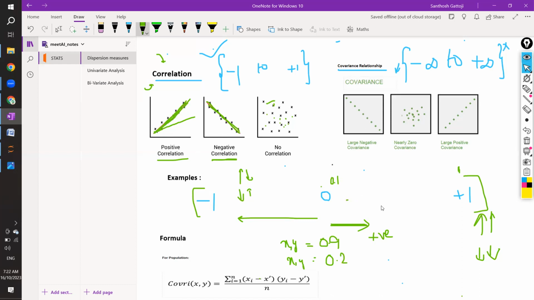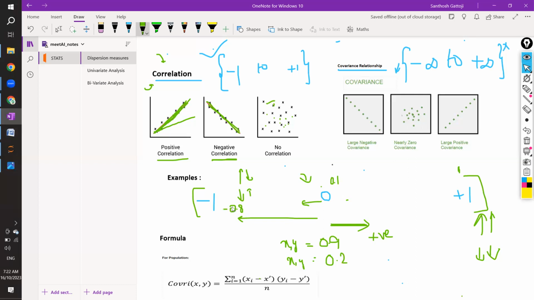Now in the negative direction, if the value is very close to -1, say -0.8, that means it is very much negatively correlated. If it is very near to zero, it is not that great a negative correlation. So don't think -0.2 is greater than -0.8.